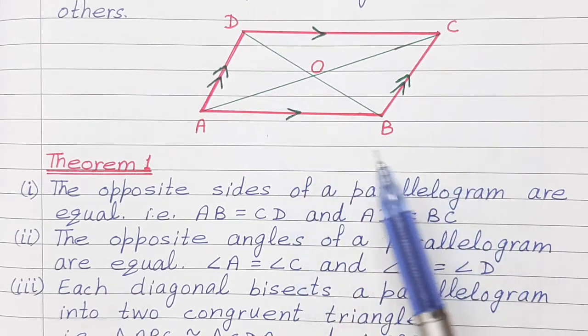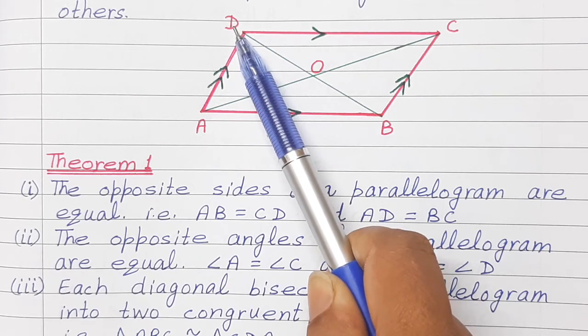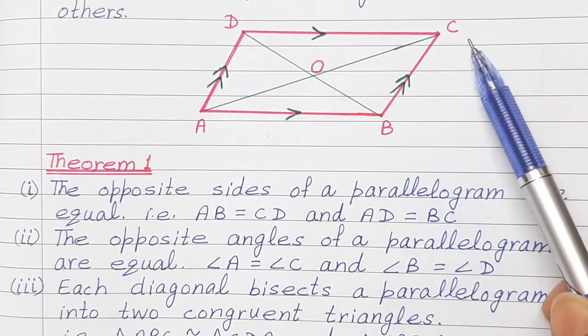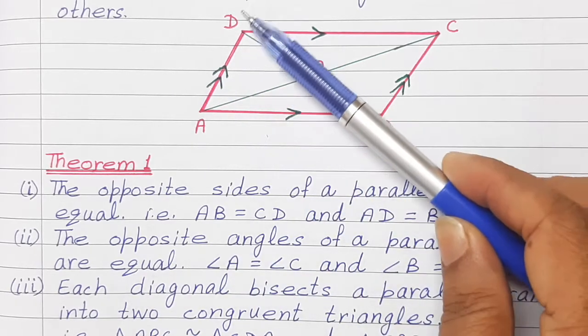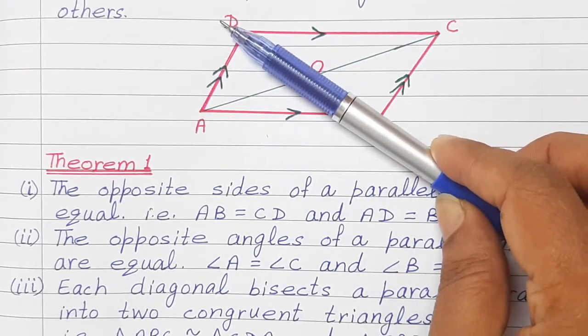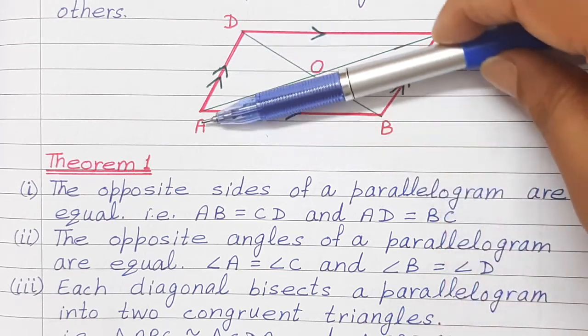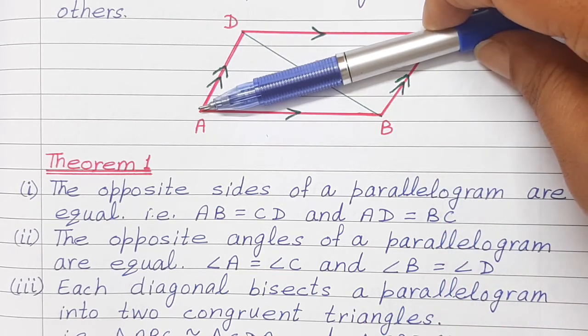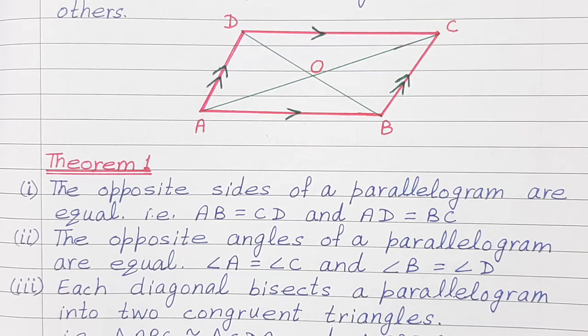Similarly, triangle ABD is congruent to triangle CBD. Right? So BD is dividing the parallelogram into two equal triangles. And similarly, AC is dividing the parallelogram into two triangles which are congruent to each other. I hope it is clear to everyone.